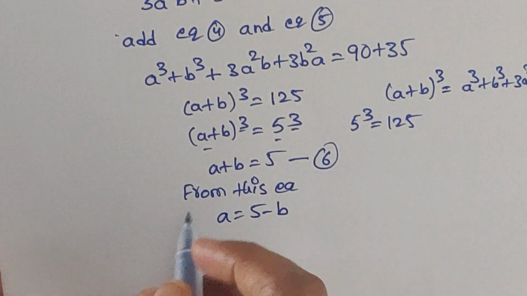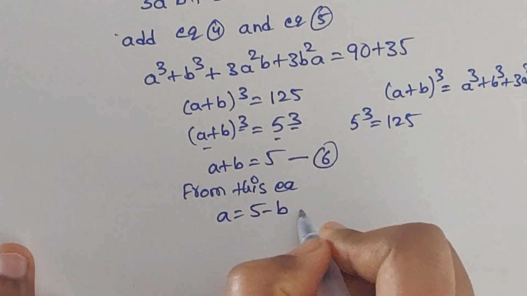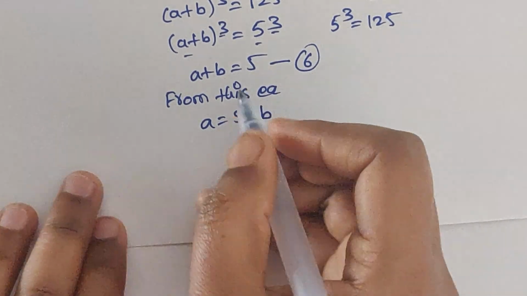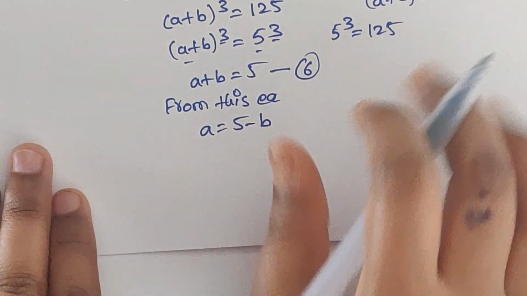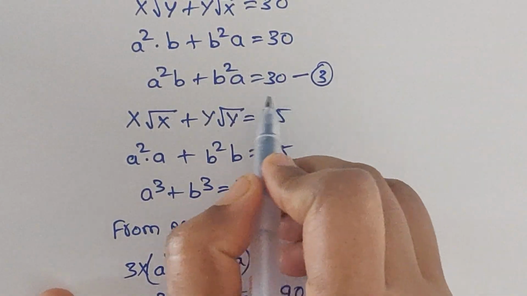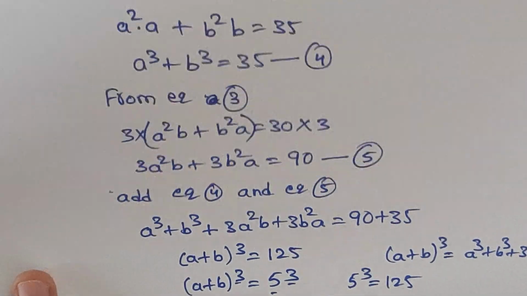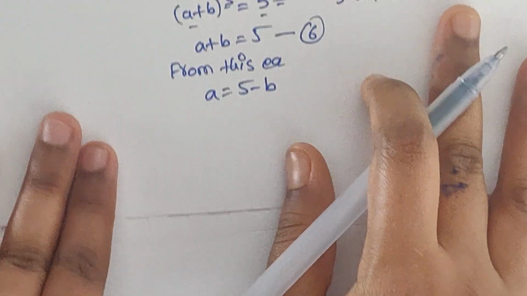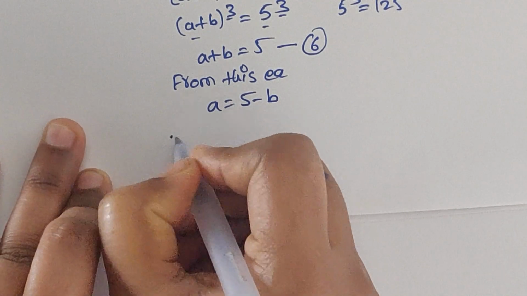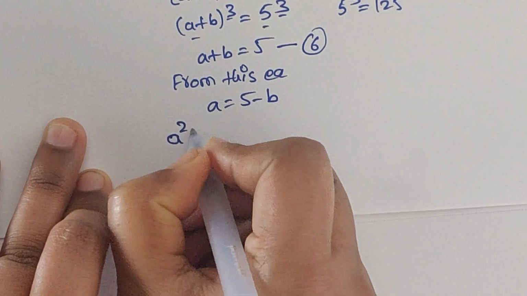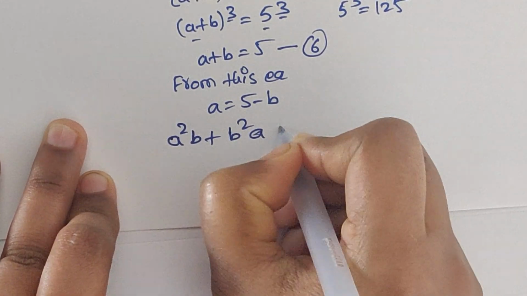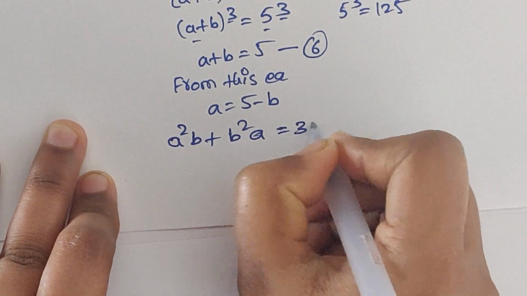Okay, so we got this value, so just substitute this value in this third equation. So third equation, here we will write third equation, that is a square b plus b square a equal 30.